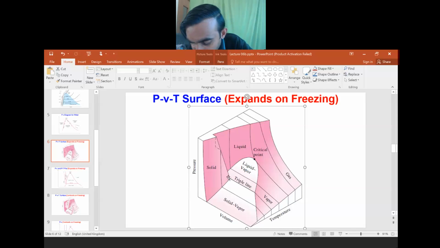The only change happening along the line is the specific volume. Pressure and temperature are constant throughout the entire line.